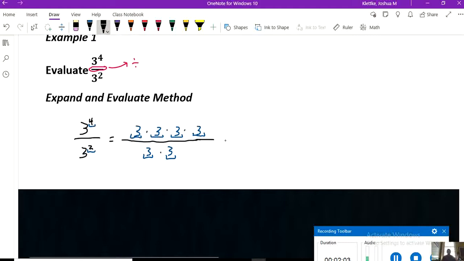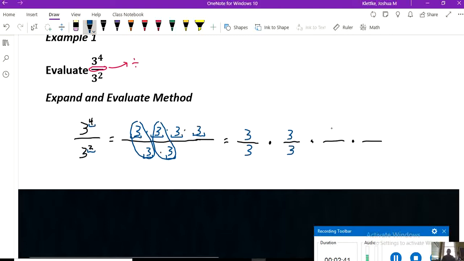Okay, so I'm going to do something here that might seem unusual, but hopefully we can make it work. Since we have 4 factors on top, I'm going to split this up into 4 fractions. And then we see we have 3 and 3, 3 and 3.